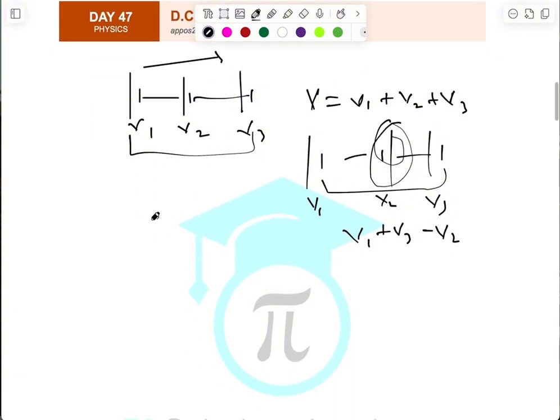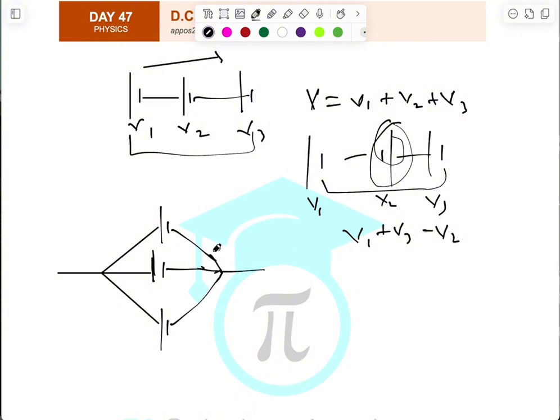But how about when cells are connected in parallel? You have something of this nature. If this is V1, this is V2, and this is V3, one would think that the total will be V1 plus V2 plus V3, but there's actually only one voltage.